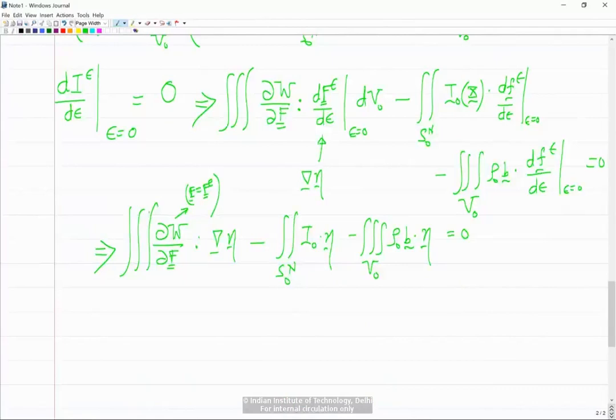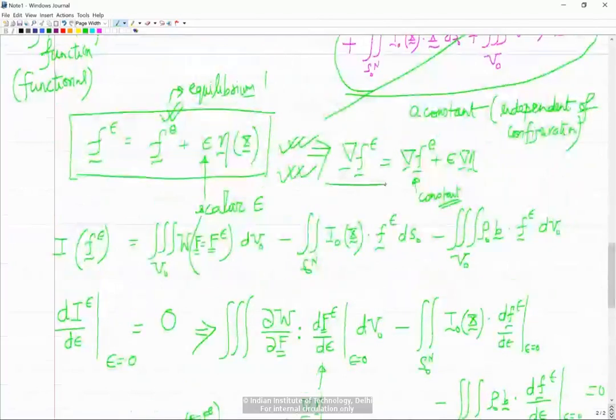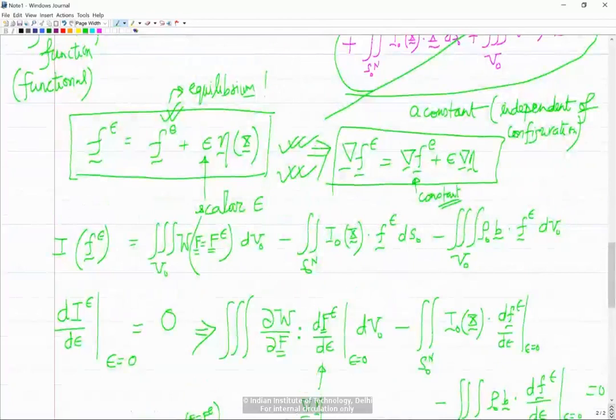All right, because when you set epsilon equal to 0, big F epsilon becomes equal to big F E, right? You just look here. So on the left hand side, it is big F epsilon. This is equal to big F E plus epsilon times grad eta. And when you set epsilon equal to 0, the second term goes away.